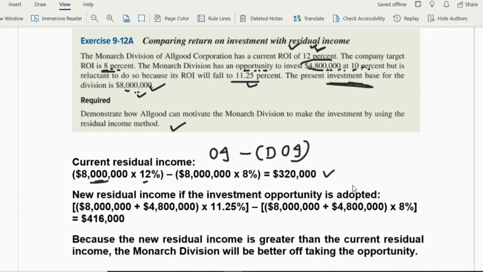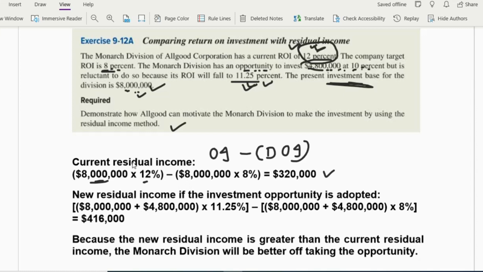If they opt for this new opportunity, then what will happen? They will no more have 12% return. Their ROI will fall to 11.25%. Now let's calculate residual income with the help of this 11.25% ROI. So the same formula, operating income. How do I calculate it?